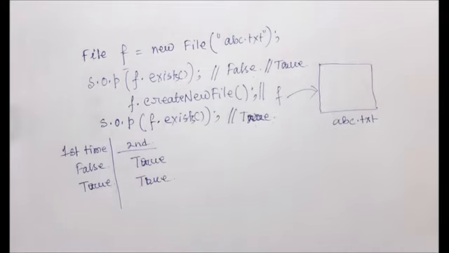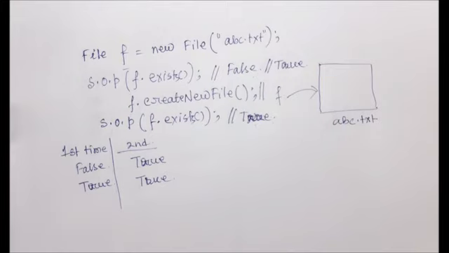From this example you can understand that the file object does not create any physical file. First it checks whether a physical file named abc.txt is available or not.